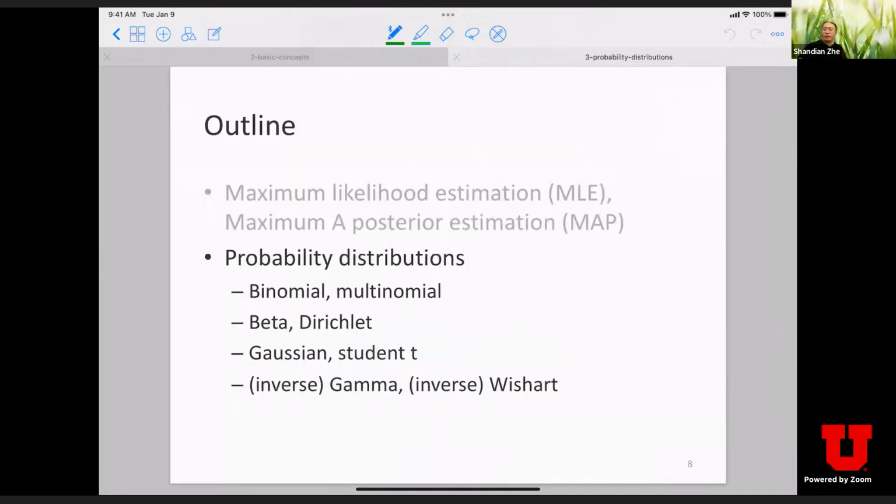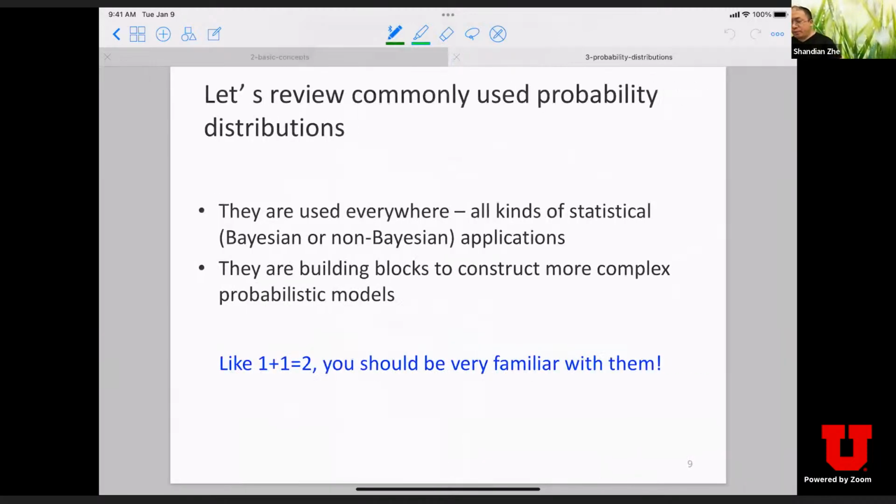So now we have quickly reviewed maximum likelihood estimation and maximum a posteriori estimation. Now let's start with the commonly used probability distributions. Again, I want to emphasize that they are used everywhere, in all kinds of statistical applications. They are building blocks to construct more complex probability models.